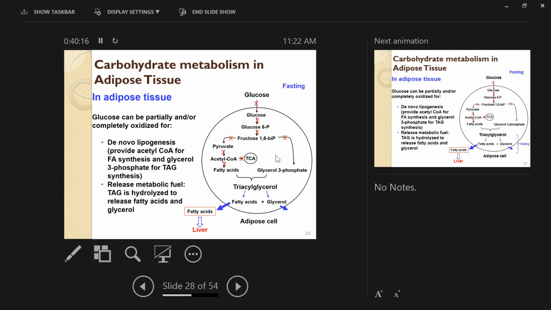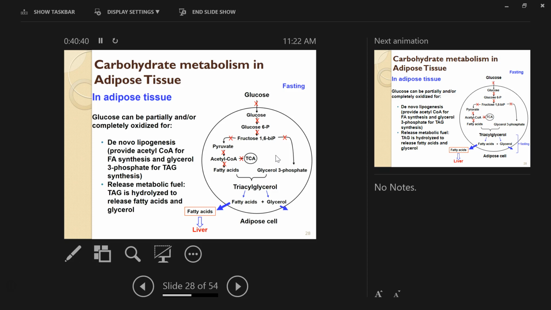And during the fasting, because we don't have much glucose being taken up into the fat cell because of a lower insulin level, you have a lower GLUT4 translocation, less GLUT4 on the cell surface, right? So glucose uptake is kind of low in the fat cell.